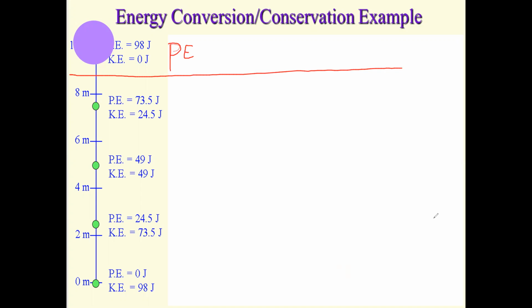We said before that the potential energy is mgh, and the kinetic energy is half mv squared. So the potential energy at this point here is the mass times g times h. Now assume the mass is 1, the g is 9.8, and the height here. Now let's see where's the ball. The ball has a height of 10 meters. So it is 10 times 10. So the potential energy will be 98 joules.